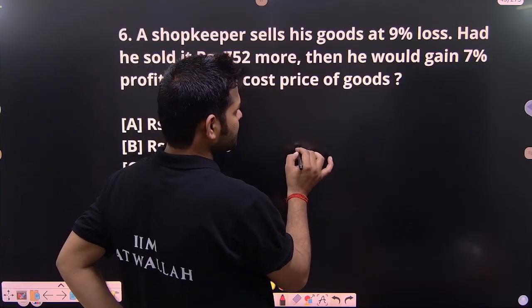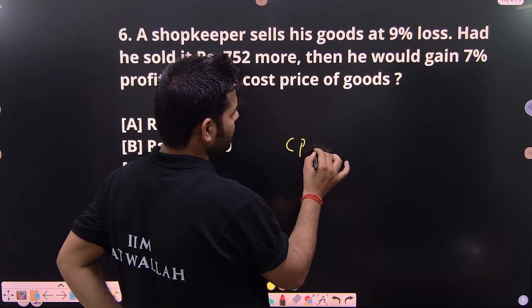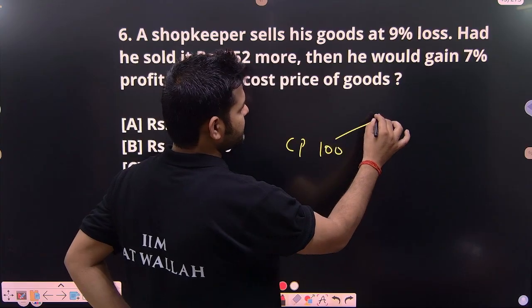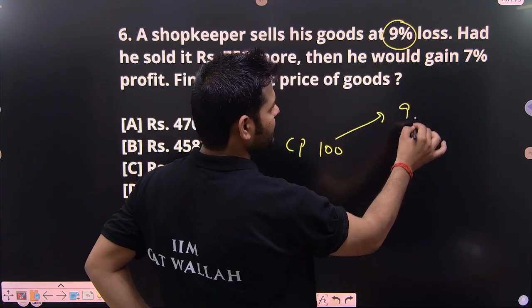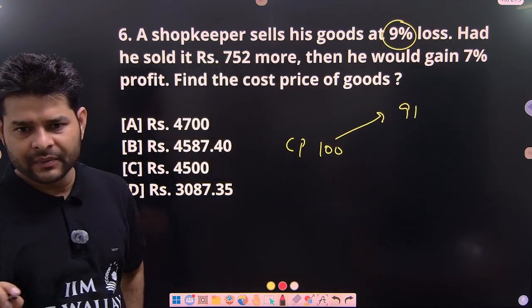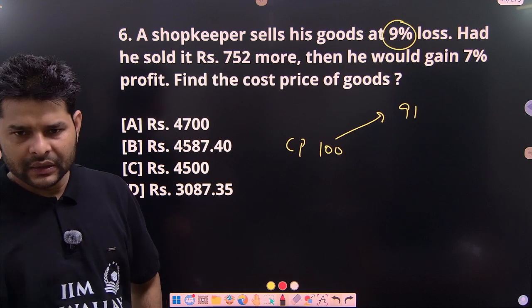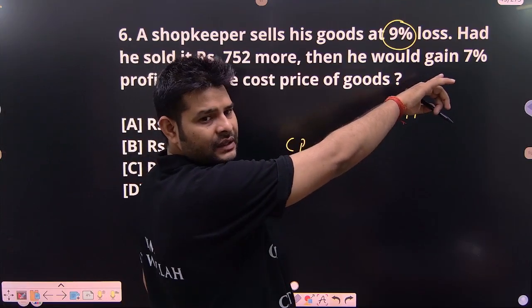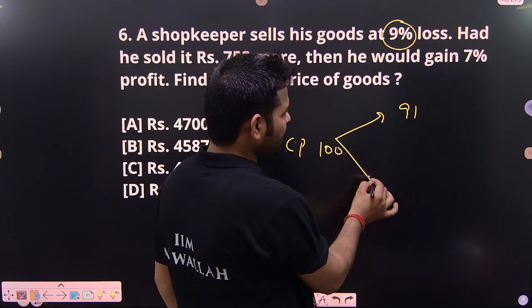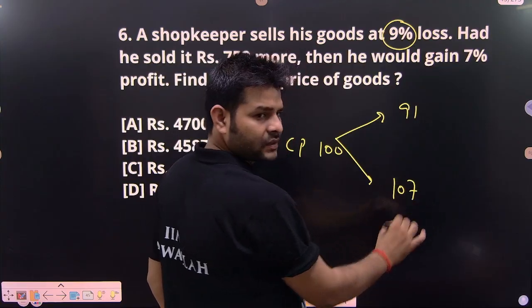So basically, suppose CP is 100. He sells his article at 9% loss, so that means 91. He has already sold that item at 91 units. But if he had sold at 7% profit, that means 107.